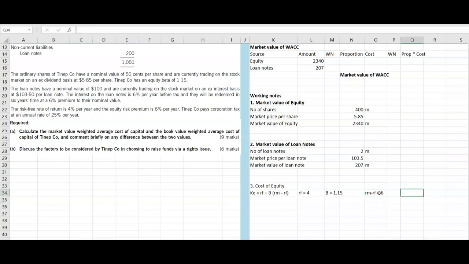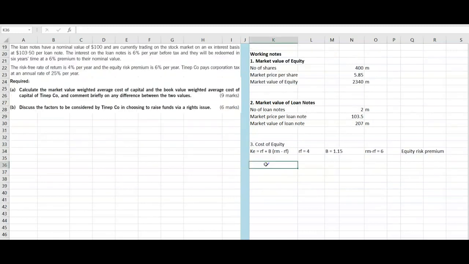So if you want, we'll mark it here. That is equity risk premium. So we'll find out the KE. So the KE should equal to, we'll do the formula here. So RF 4 plus, open the bracket, beta comes to 1.15 into RM minus RF.